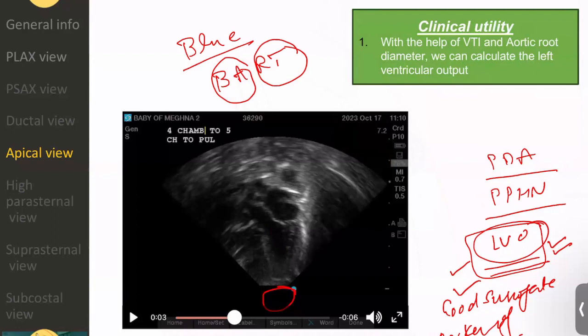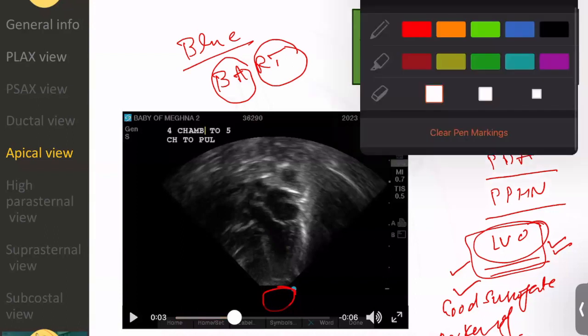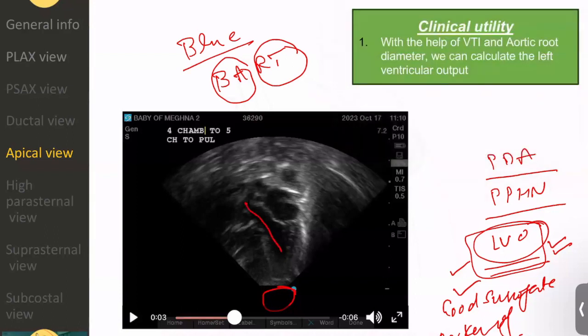Now the next step is we will put the pulse Doppler, and the pulse Doppler has got a range gate. Sir told that there are two kinds of Doppler we use in neonatology or in echo. One is CW, the continuous wave Doppler, and one is the pulse wave Doppler.